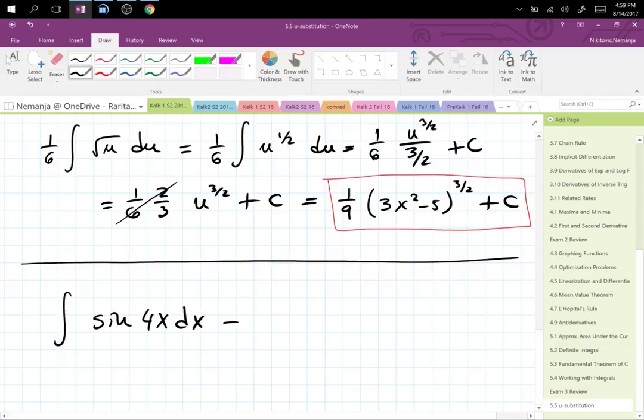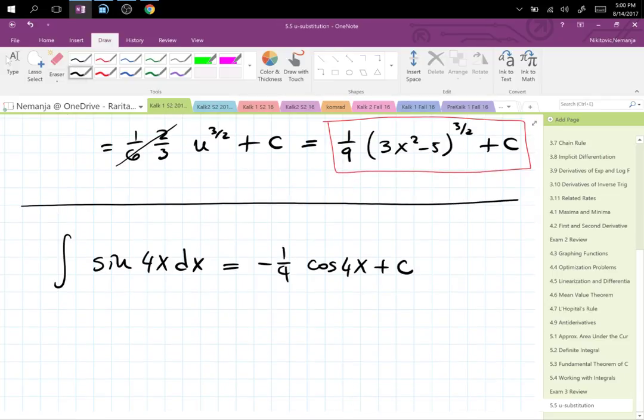So you should know that this is negative 1/4 cosine 4x plus c, because you memorized the formula earlier with sine ax, negative cosine ax over a plus c. But I asked you to memorize that for the time being because we needed that result to do problems. However, now you have the tool to actually prove that, so you don't have to memorize it anymore.